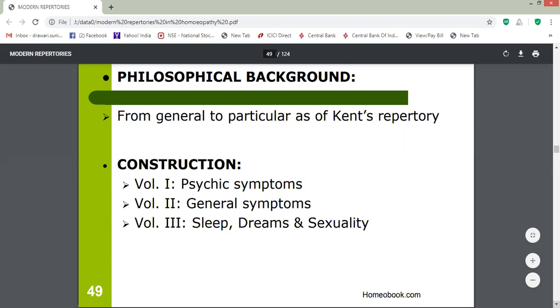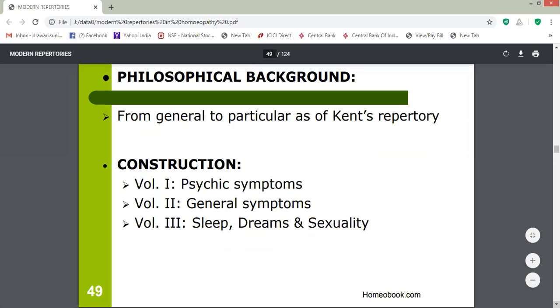After that the repertory proper part is there, and lastly the word index was given. So the construction of this repertory was also in a proper, fixed way.